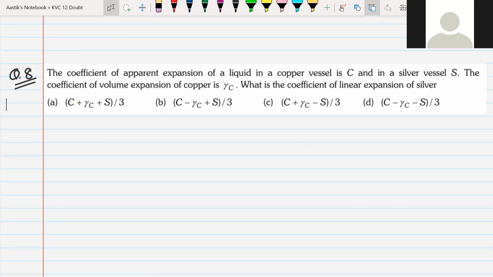Okay. The coefficient of apparent expansion is given, and you are supposed to find the alpha for silver. And the answer is A, B, C... All of the options are looking similar to me. I'm getting confused. Which one?